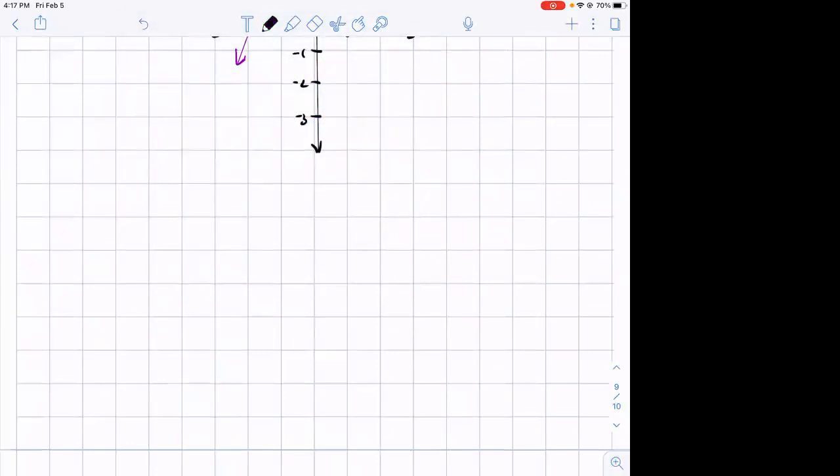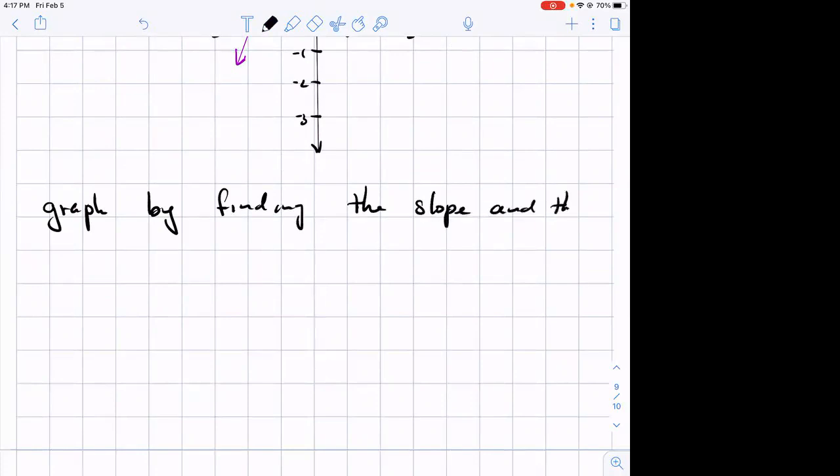We can graph by finding the slope and the y-intercept. Okay. We can graph by finding the slope and the y-intercept.